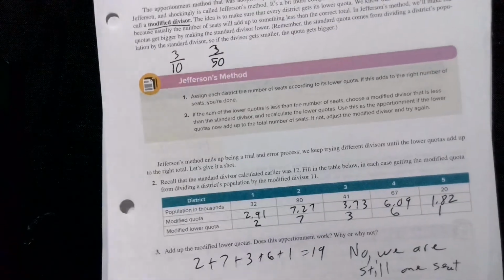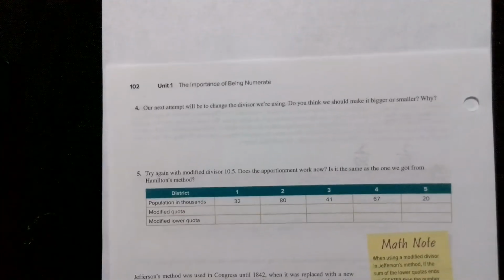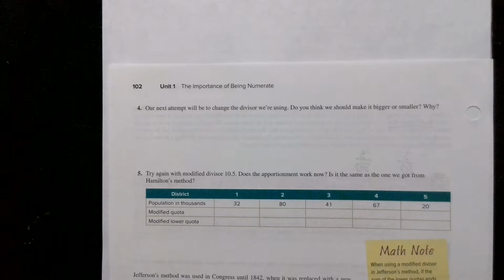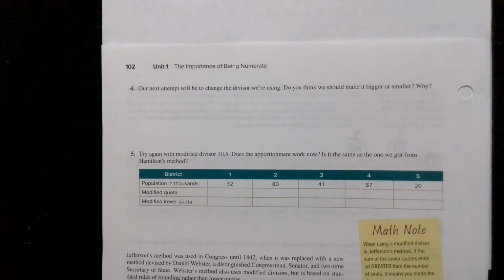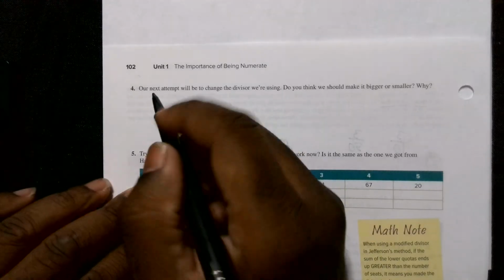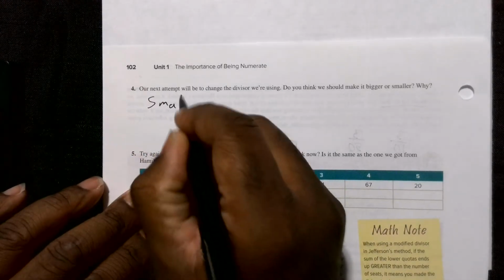Okay, now we'll go over page 102. Go to number 4. It says our next attempt will be to change the divisor we're using. Do you think we should make it bigger or smaller? Why? Okay, we should make it smaller.